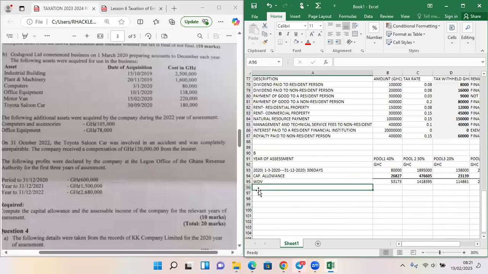So now in the year 2021, where are these things going to be?